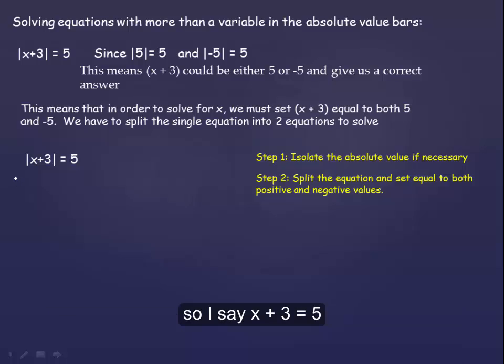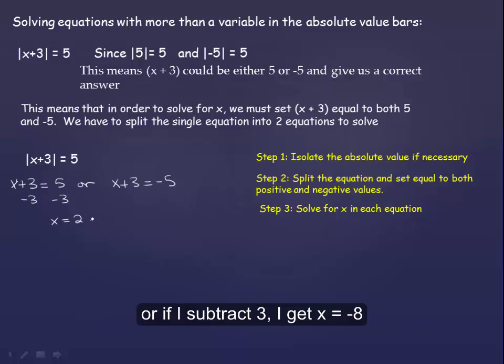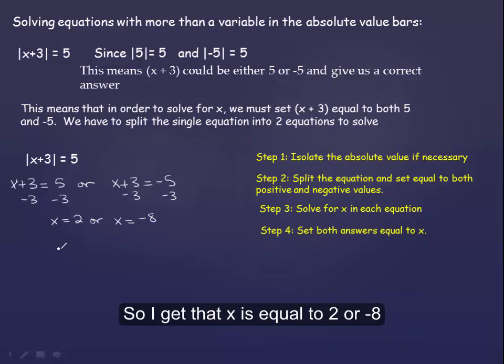So I say x plus 3 equals 5 or x plus 3 equals negative 5. Then I solve for x. I subtract 3 and I get x equals 2. Or if I subtract 3, I get x equals negative 8. So I get that x is equal to 2 or negative 8.